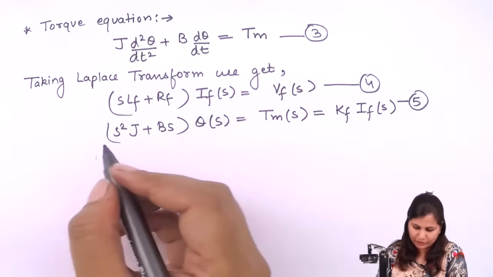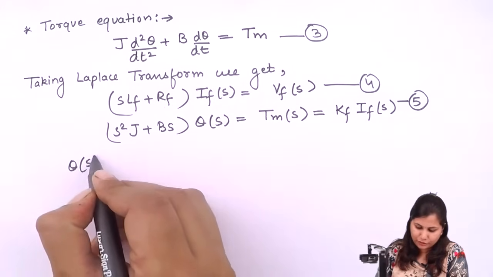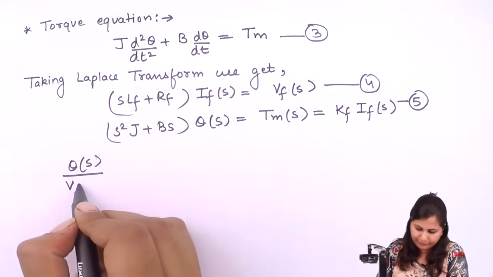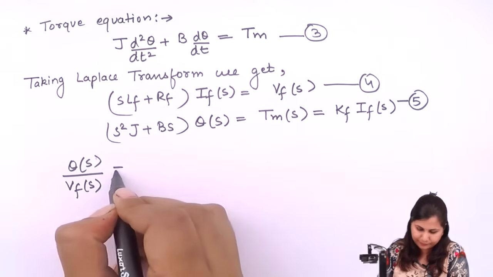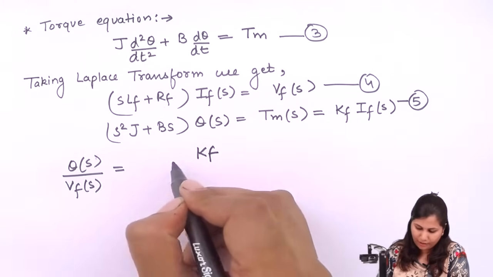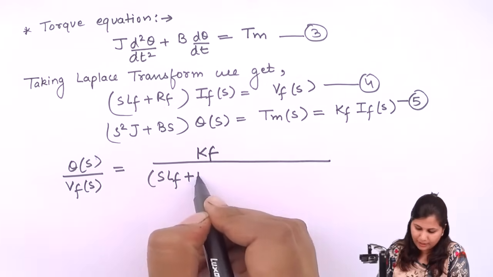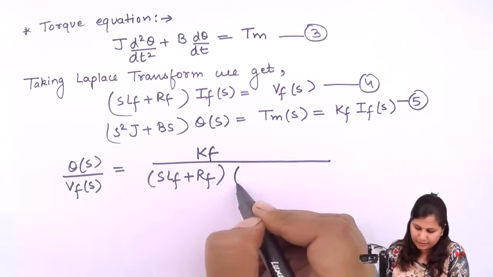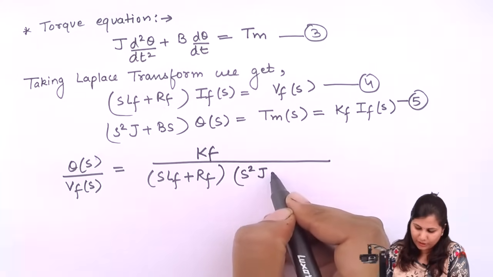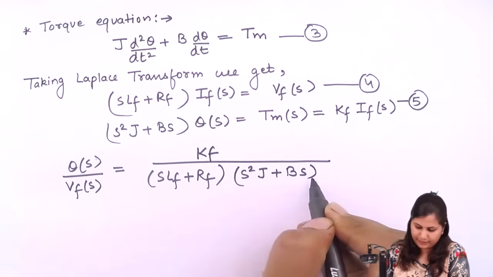Now from the fourth and fifth equations, if we substitute the value of IF(S) in the fifth equation, we get the ratio of theta(S) and VF(S) as KF upon (S LF plus RF) times (S squared J plus BS).